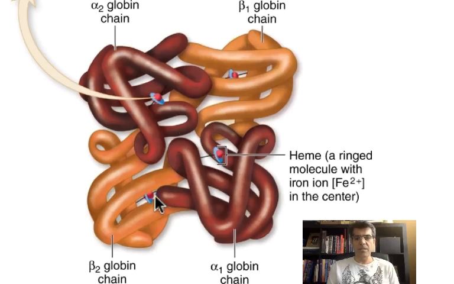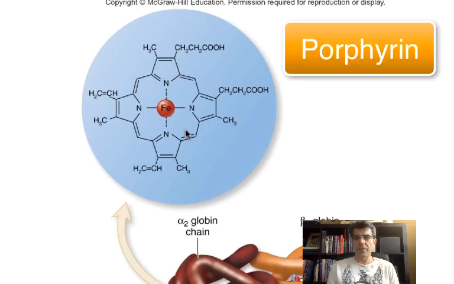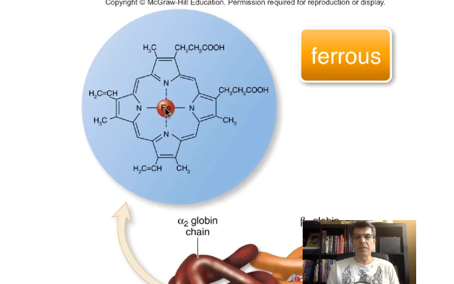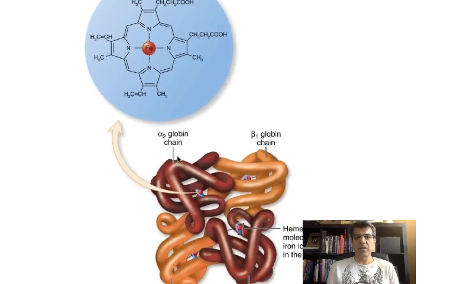Each heme, as you can see in this picture, is composed of 2 things. The ring, as you can see here, and an iron in the center. This ring is called the porphyrin ring, and in the center we have iron. This iron is 2 plus iron, or it's called ferrous. If you don't have enough iron, that means you cannot produce enough hemoglobin. As a result, you don't carry enough oxygen, because each iron carries 1 oxygen.